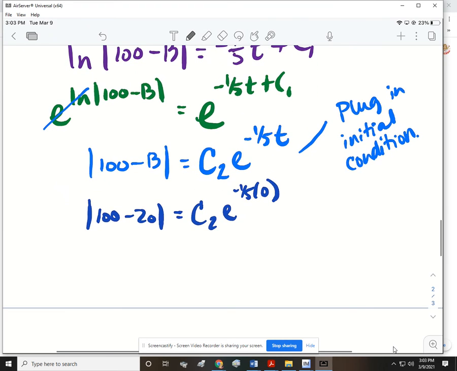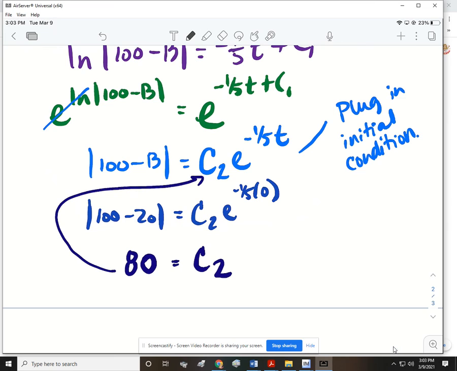Okay. So that's going to give me 80. And then e to the 0 is 1, so c sub 2 is 80. Right, so I'm ready to plug it back in.